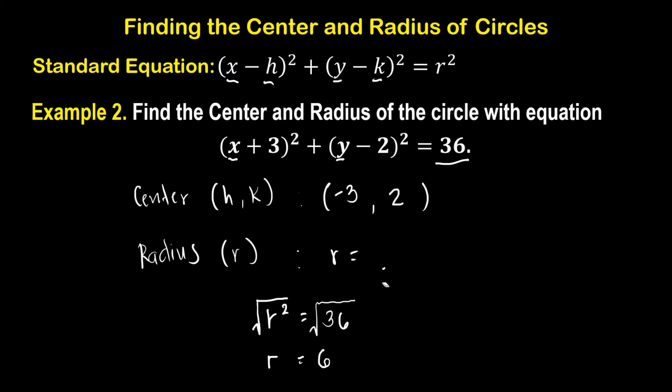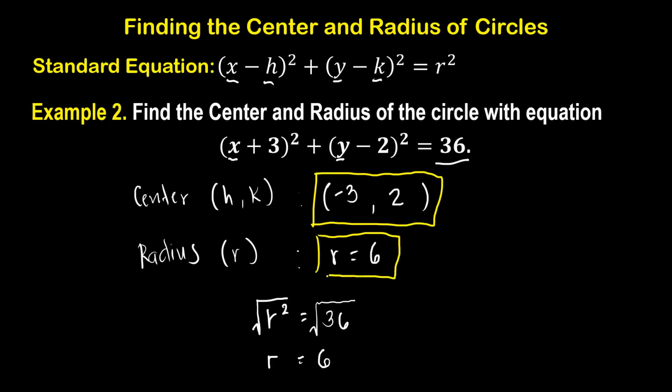So the value of r is equal to 6, which is the radius of the circle. Hence, our center is (negative 3, 2), and our radius is equal to 6. So that's the answer for example number 2.